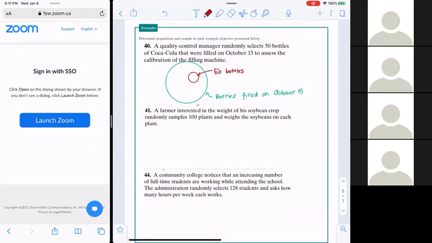So those 50 bottles would form the sample.